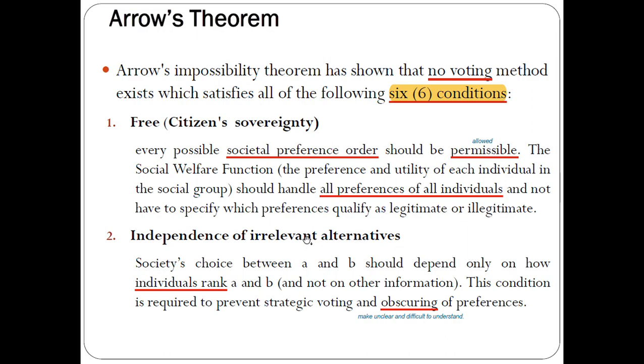Okay, independence of irrelevant alternatives. Society's choice between A and B should depend only on how individuals rank A and B and not on other information. This condition is required to prevent strategic voting and obscuring of preference, which is made unclear and difficult to understand.